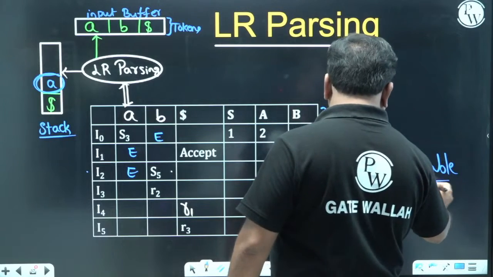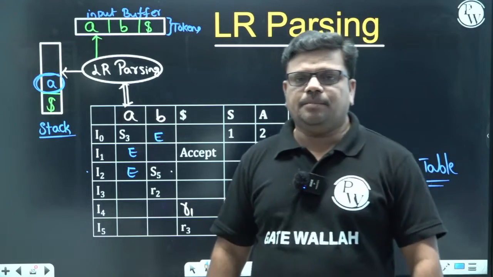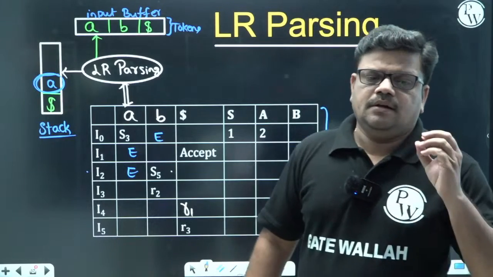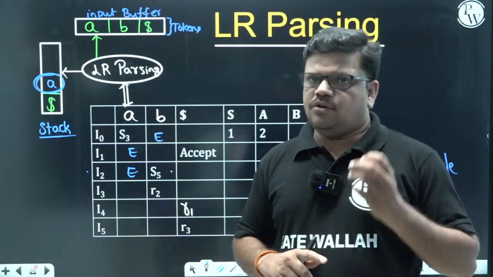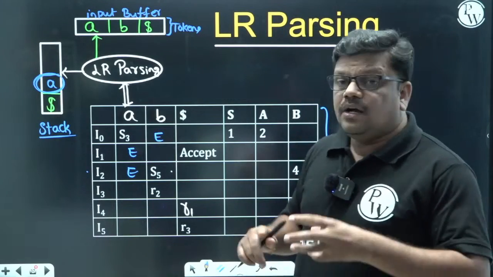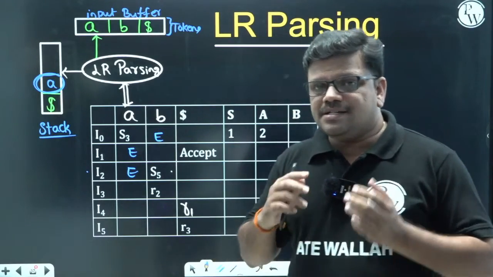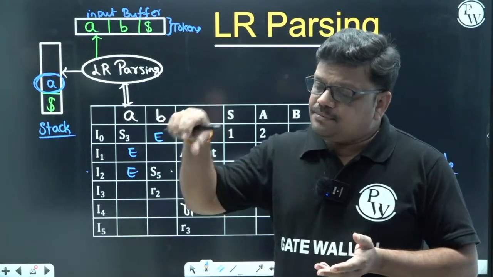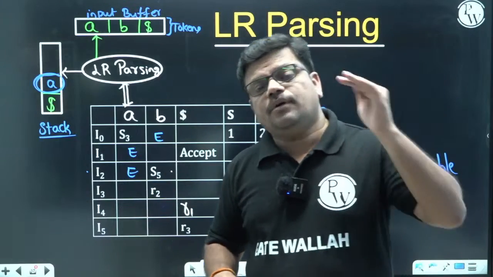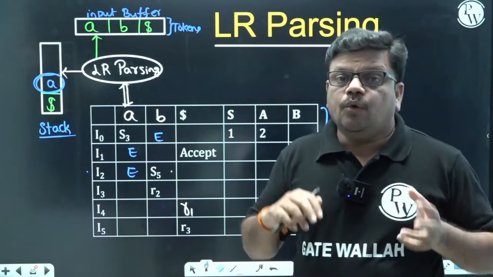So LR parsing is not a new thing. LR parsing is shift reduce parsing. What is the difference from normal shift reduce parsing? In normal shift reduce parsing, to take the decision regarding shift and reduce, when to perform shift, when to perform reduce, sometimes even when the handles are there, we will perform shift. How do we know that?